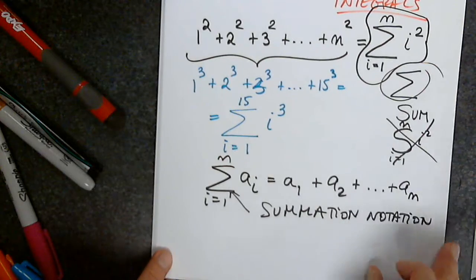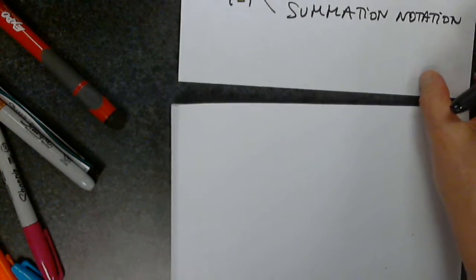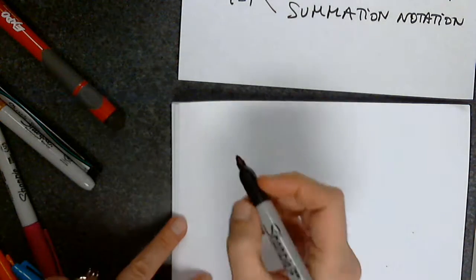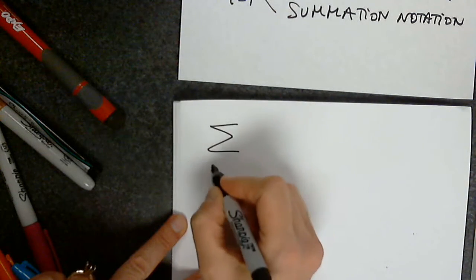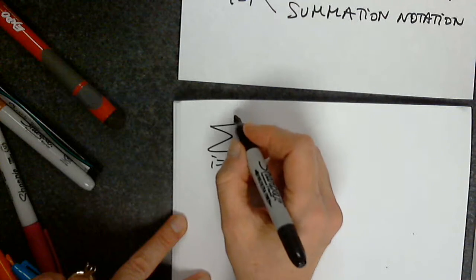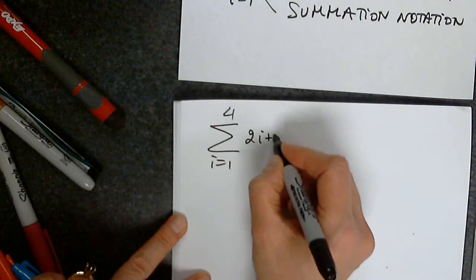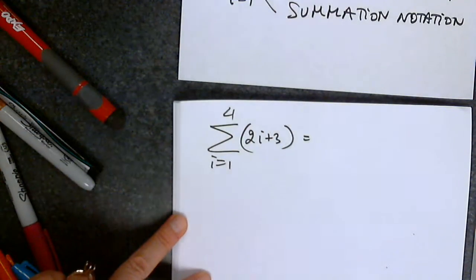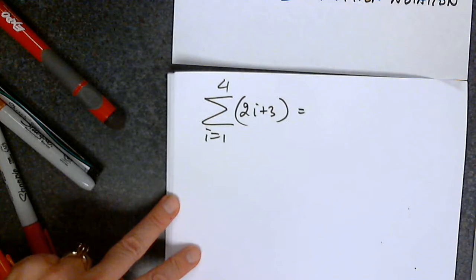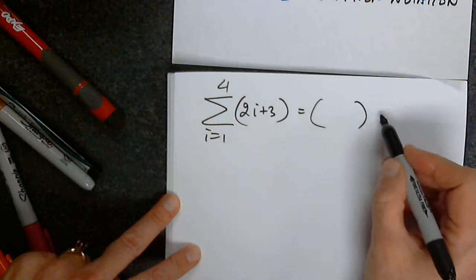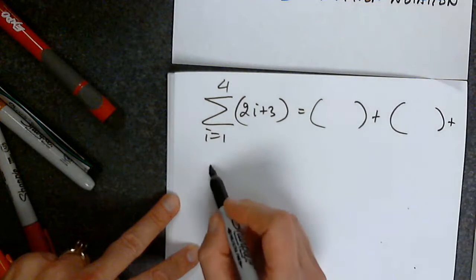So if I have, all these are preparation for what follows in this chapter. So that's why we need to go through these steps. I equals 1 through 4 from 2i plus 3. So the first term, you will write 4 terms, correct?